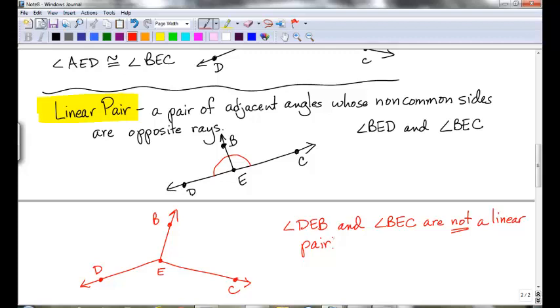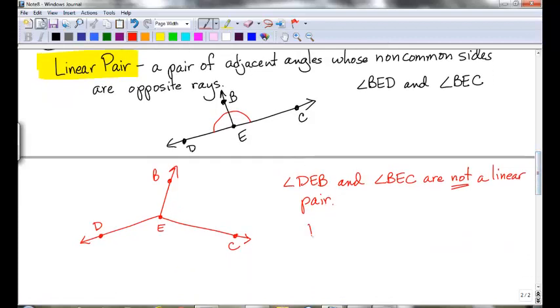Because are D, E, and C on opposite rays, straight across? No, they don't form a straight angle. They're not collinear. D, E, and C are not collinear. They're not on opposite rays.